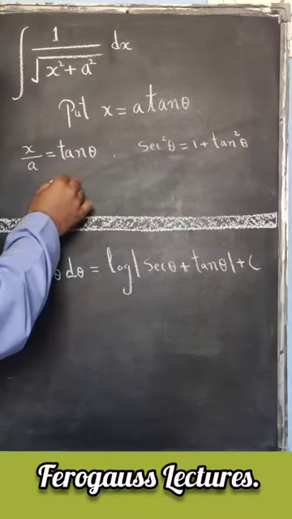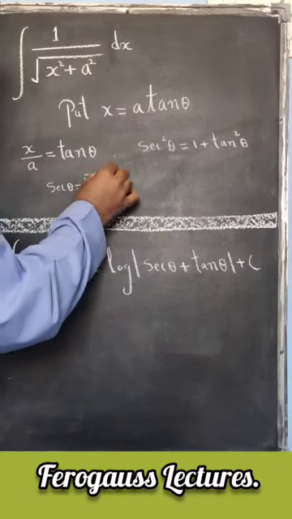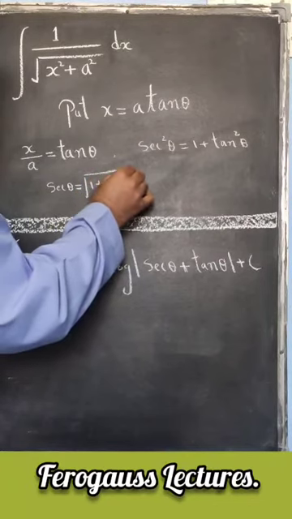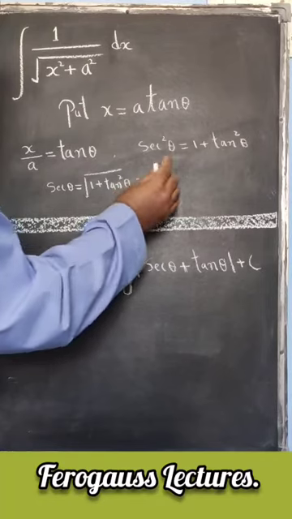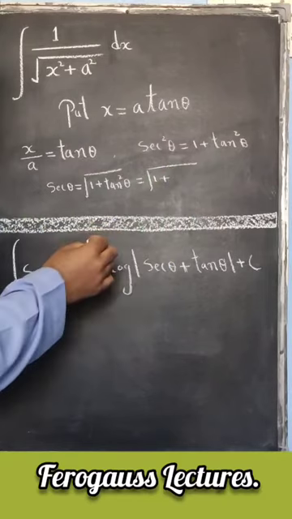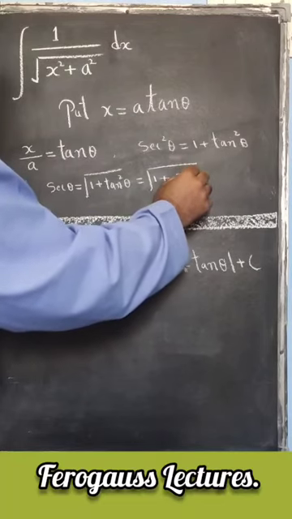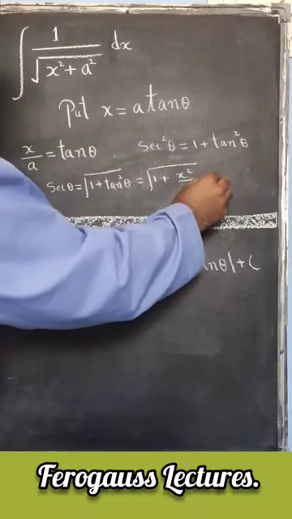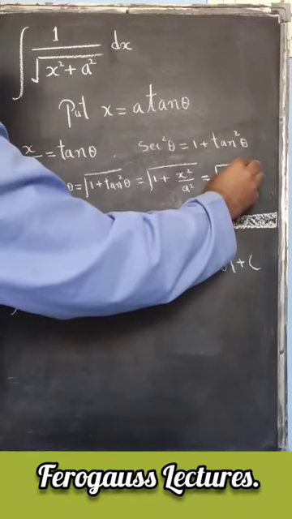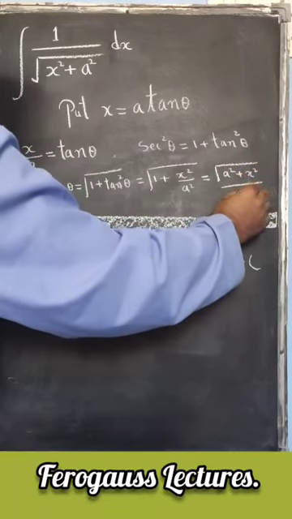That implies secant theta is equal to square root of 1 plus tan square theta. That is further equal to square root of 1 plus, instead of tan theta we have x by a, so we can write x square by a square. That is equal to square root of a square plus x square divided by a.